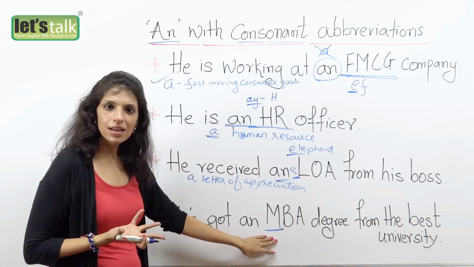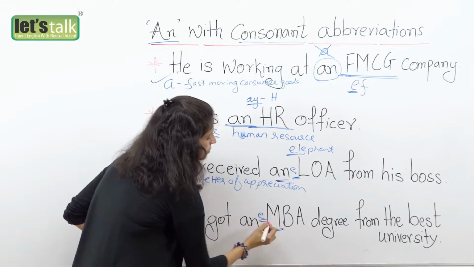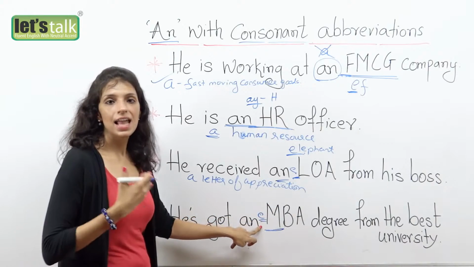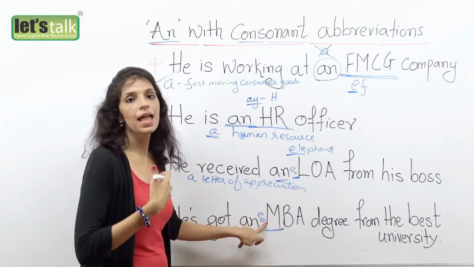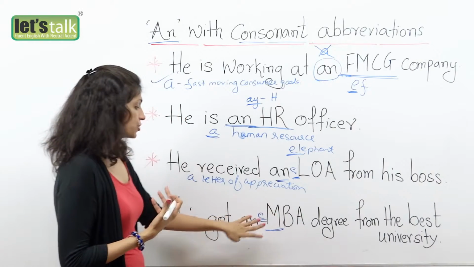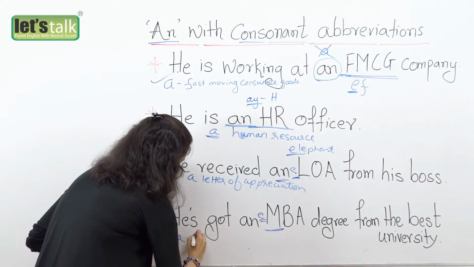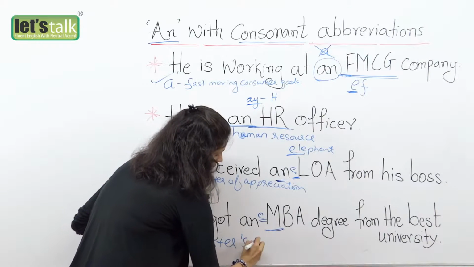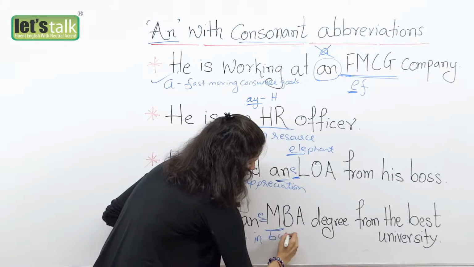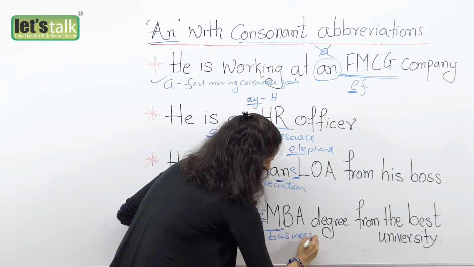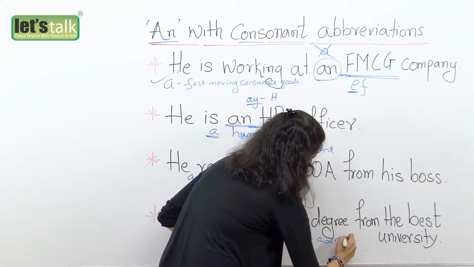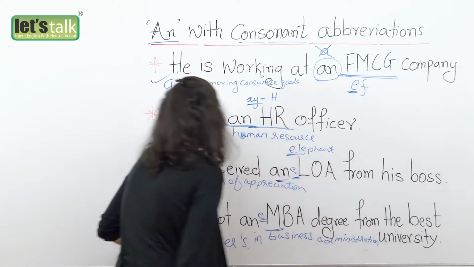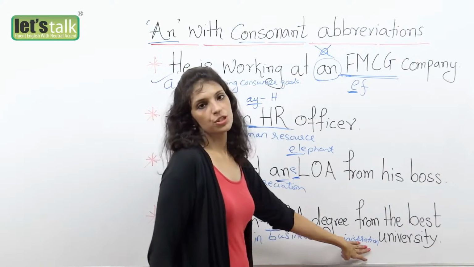And MBA, again, you see, consonant letter with the vowel sound, so you say an MBA because it's got the vowel sound. But if you say the full form, you will say, well, he's got a master's in business administration degree.